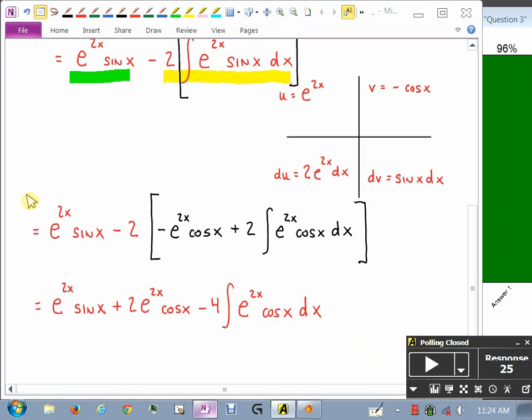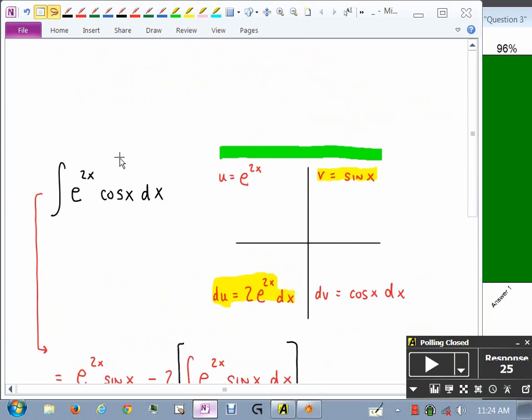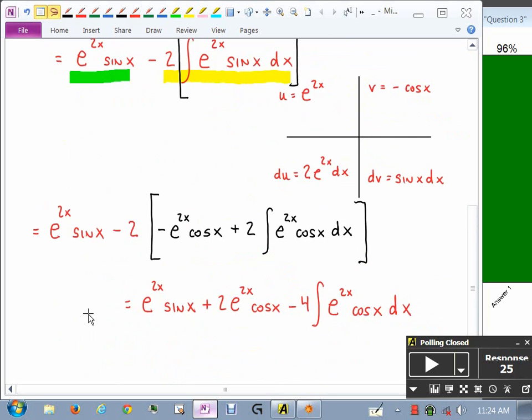This is kind of cheating, but no, it's not cheating, but let's just remember what this is. I'm going to slide it to the right. This entire expression is what this original integral is, right? I'm going to put that original integral back over here.